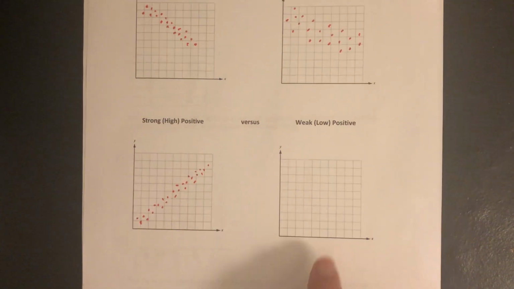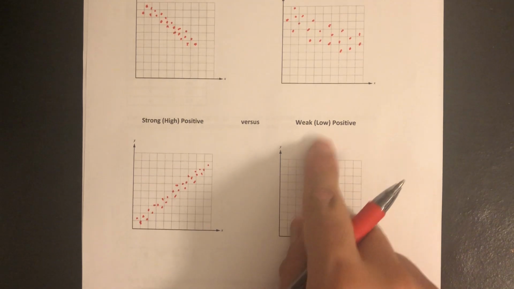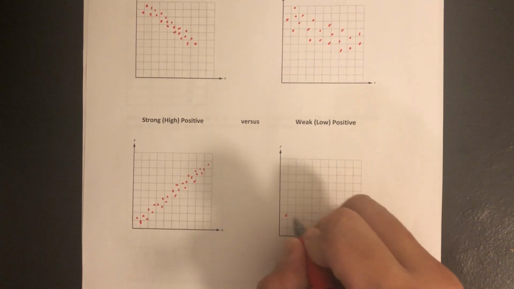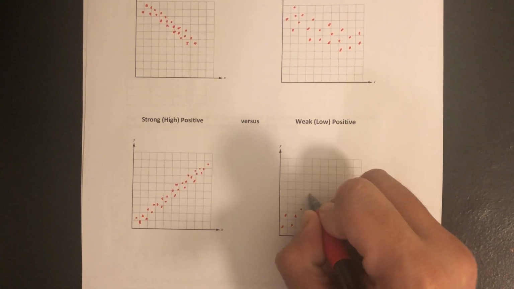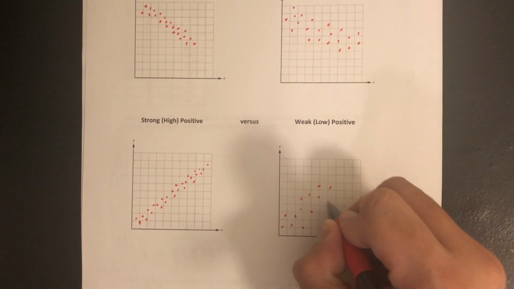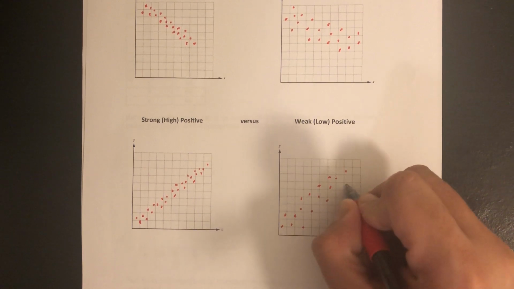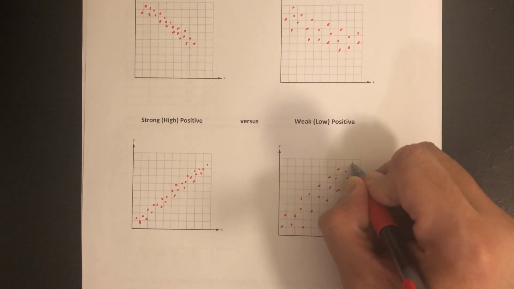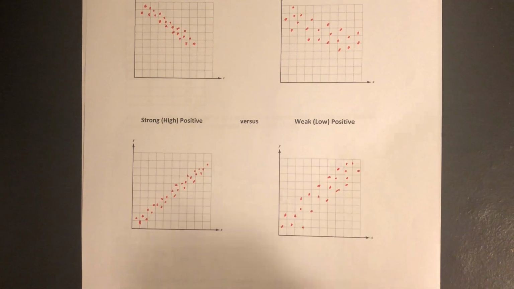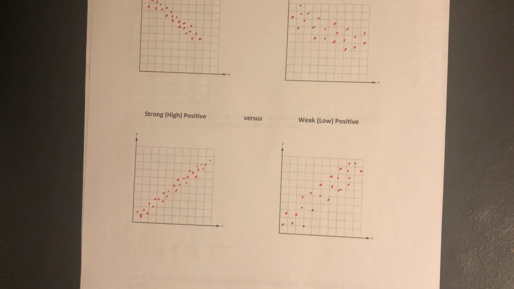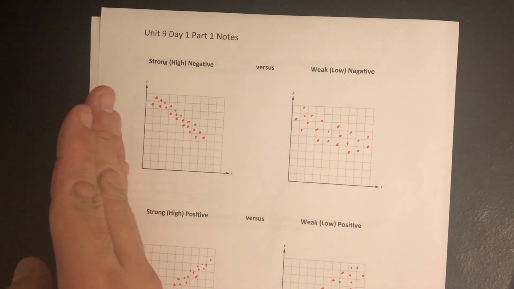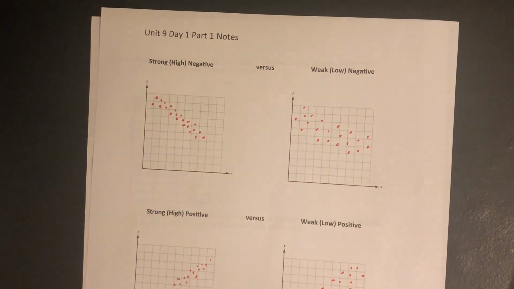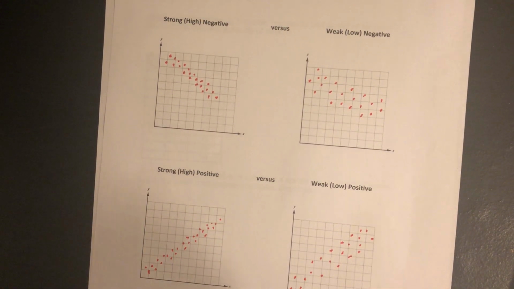Versus over here, where we have weak positive, also known as low positive, where it's still going in a positive direction, but the correlation itself is a little bit weaker. We can see that it's a positive correlation, but the relationship is a little bit weaker than something over here where it's a little bit stronger. So that's the difference between strong negative, low negative, and then strong positive, low positive.